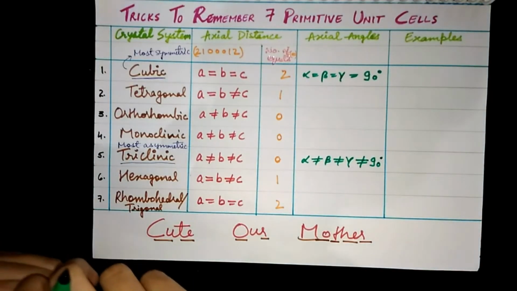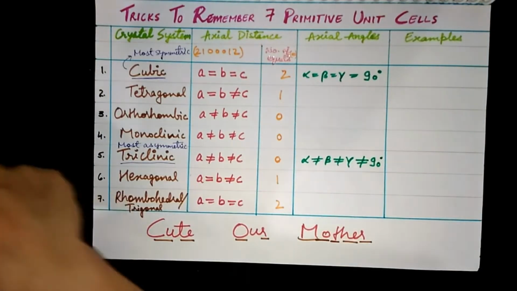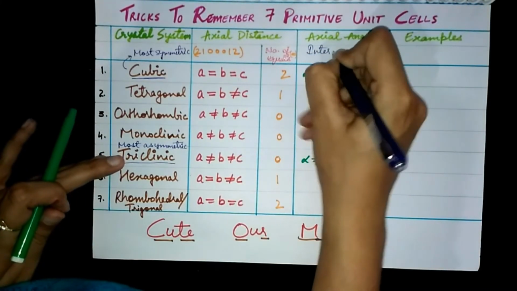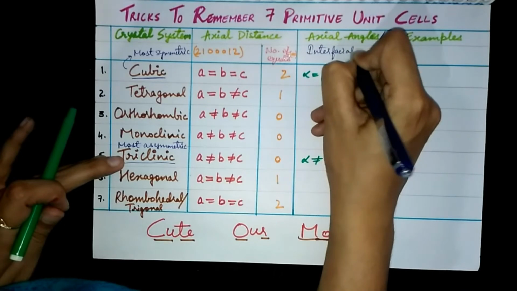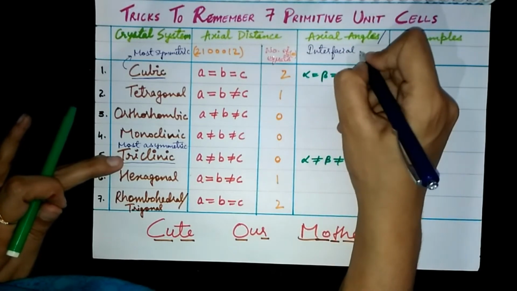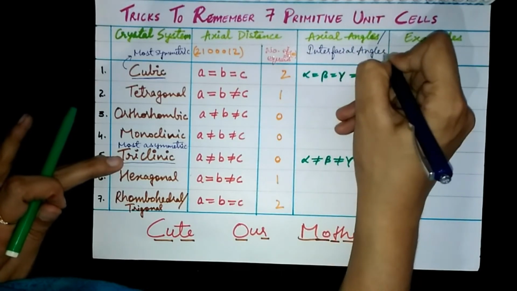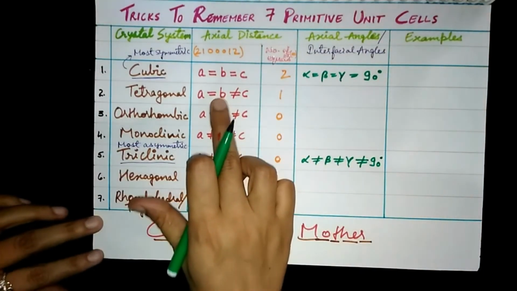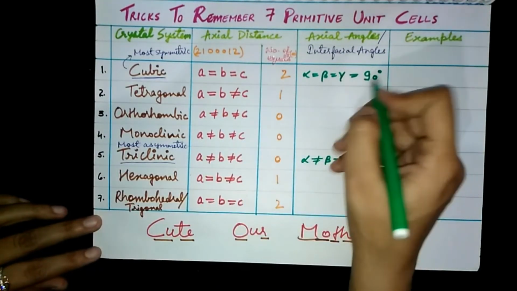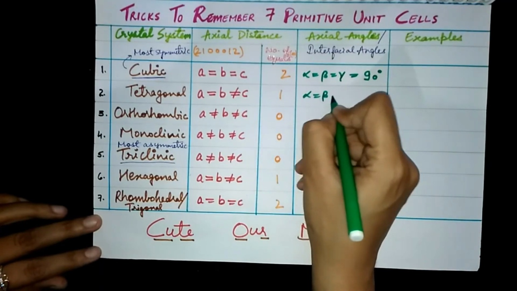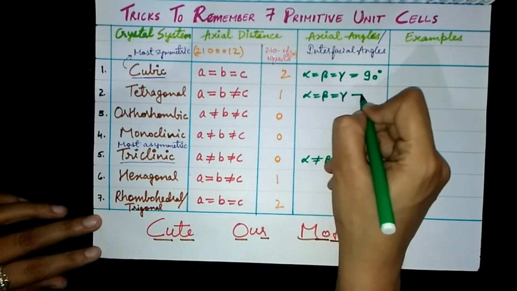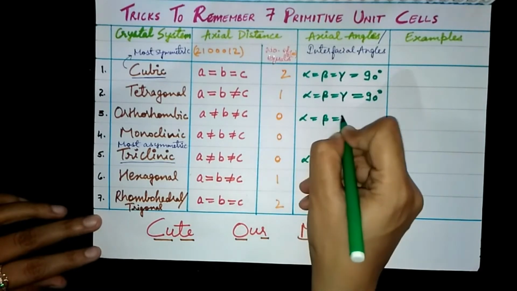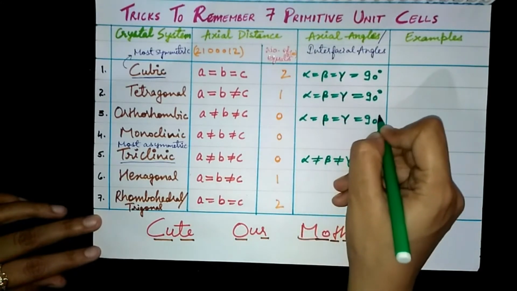So that also you have to keep in mind, because in some question it might be asked as interfacial angle, so don't get confused. So this tetragonal and orthorhombic will also be having alpha equal to beta equal to gamma equal to 90 degree. This is also alpha equal to beta equal to gamma equal to 90 degree.